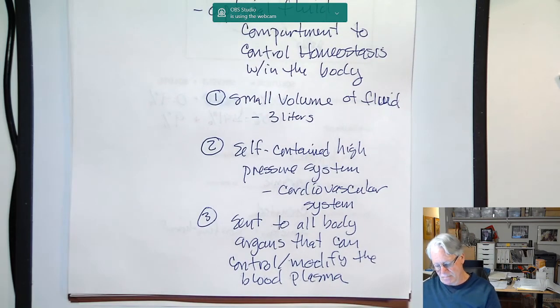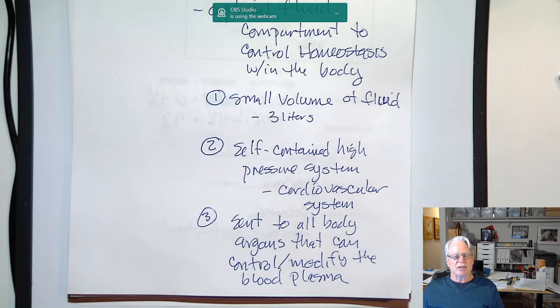Okay. So we've got this idea of homeostasis. We see what that means. It's the ability to maintain nearly stable internal conditions within the human body. When we look at the body in detail, we see that it's composed of all these trillions of cells.